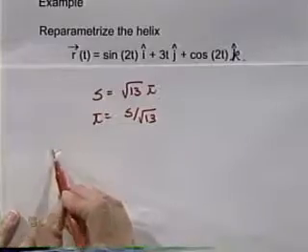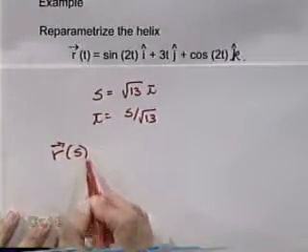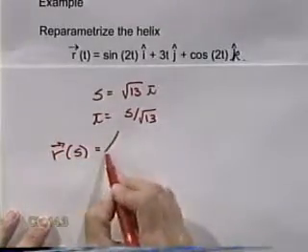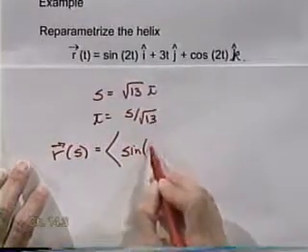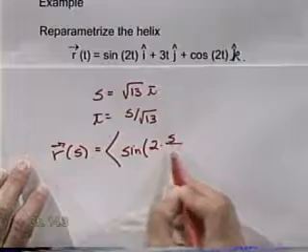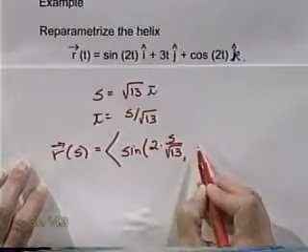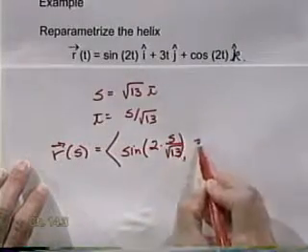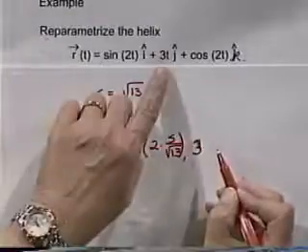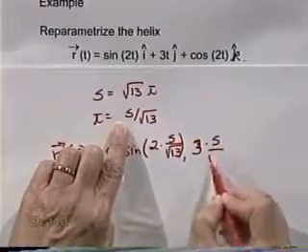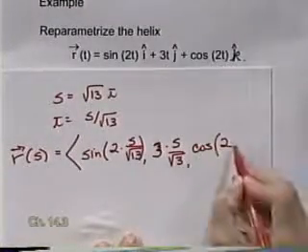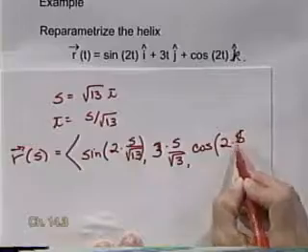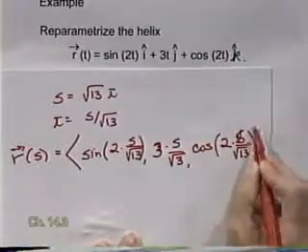And so therefore I could write r of s as sine of 2t. For 2t, I'm going to put in 2 times, for t, I'll put in s over root 13. Then 3 times t, which is s over root 13, comma, cosine of 2t. For t, I'm going to put in s over root 13.